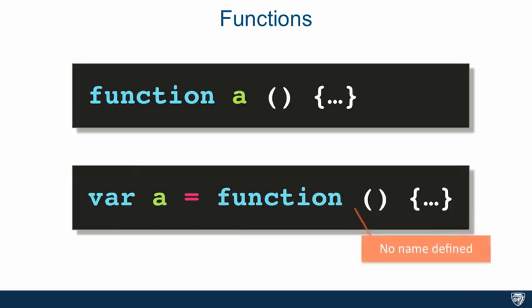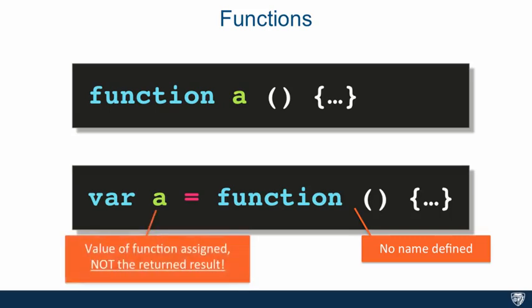Now, when you do it the second way, no name is defined after the function keyword. However, either syntax lets you refer to this function as a. Now notice that the value of the function is assigned to a, not the returned result of the execution of that function. So after either of these definitions, you could now invoke, otherwise known as execute, the function by referring to it by its name a.